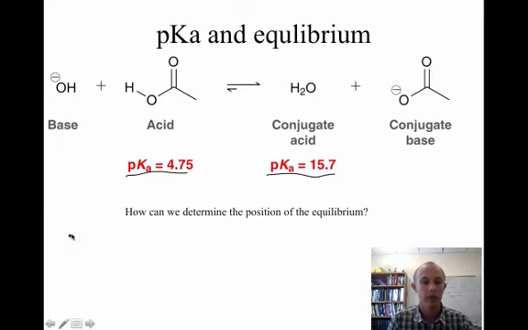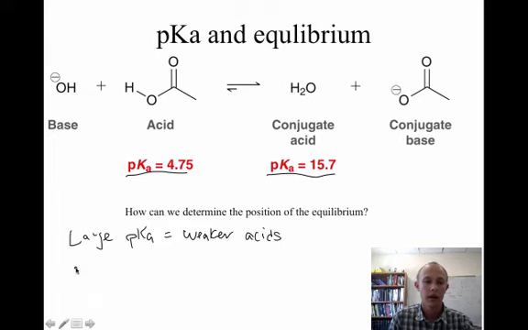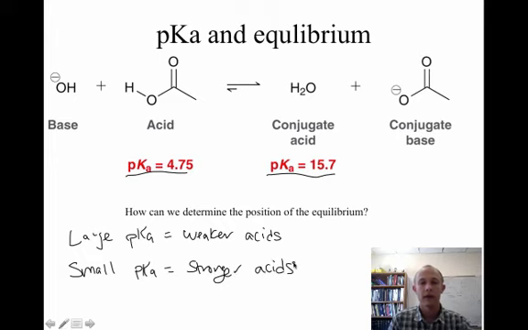So what you want to remember is large pKa is associated with weaker acids, and small or negative pKa's are associated with stronger acids.